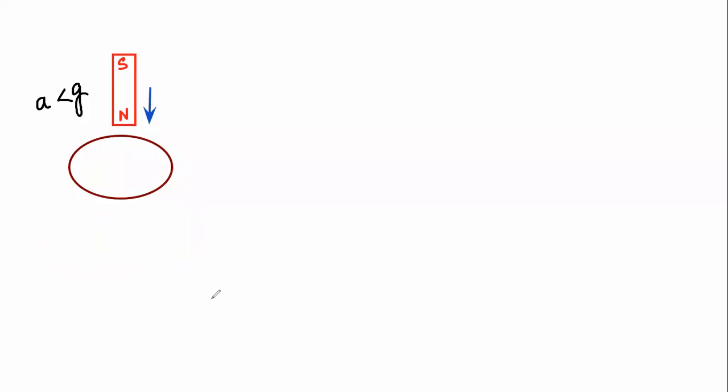Okay, now it falls down, coming out from the loop. If the bar magnet is coming out from this loop downwards, now this is the south pole and this is the north pole.